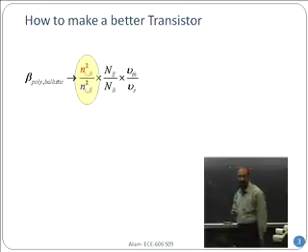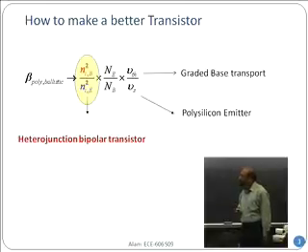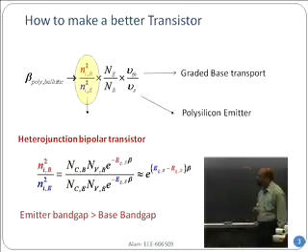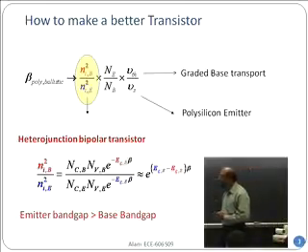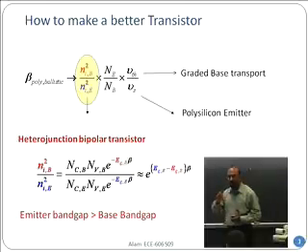This immediately gives you an idea of how to make a better transistor. So, for example, if you could somehow make the emitter band gap larger, then you realize that in the denominator, the blue Ni squared will have an Nc and Nv, which are effective densities of state. That's what quantum mechanics hides.